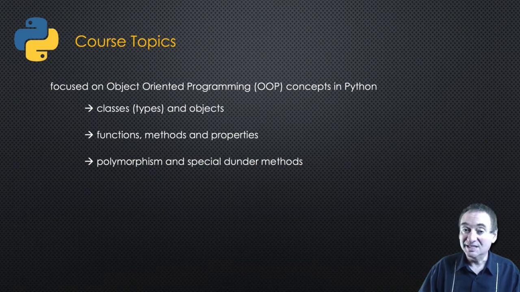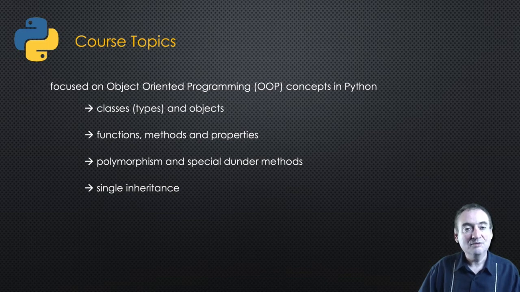You've probably already seen those things before. Then we'll take a look and focus on single inheritance. Python supports multiple inheritance, but first we really need to focus on single inheritance and understand that properly. A lot of the work that we can do in Python object-oriented programming doesn't require multiple inheritance. In fact, many languages like Java, for example, don't even support multiple inheritance.